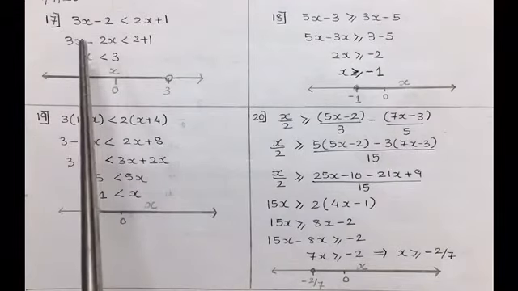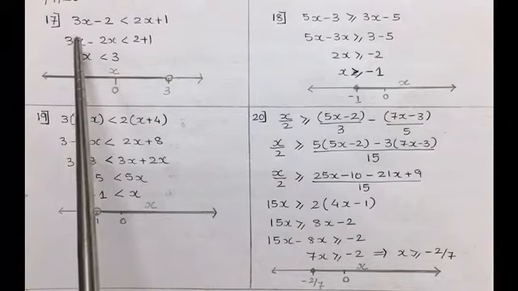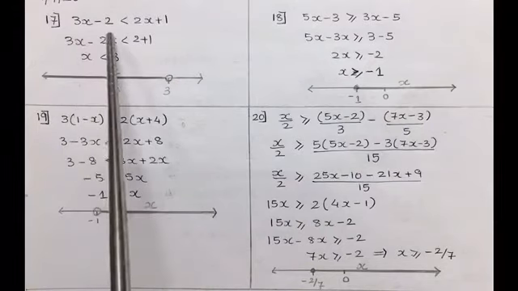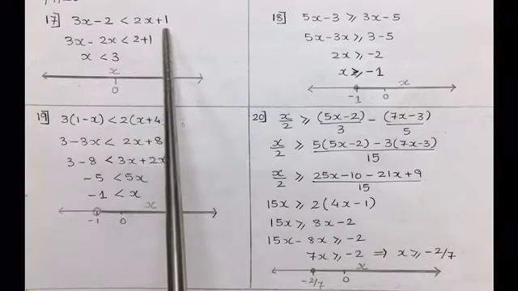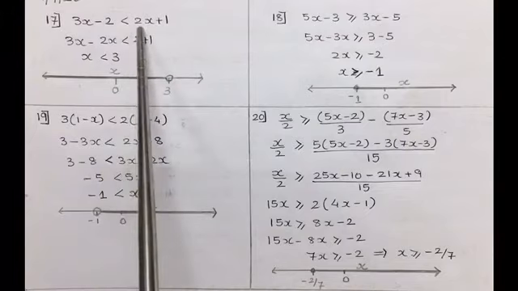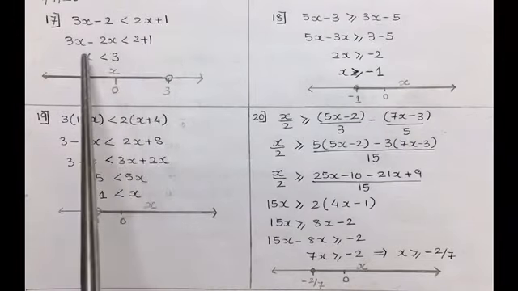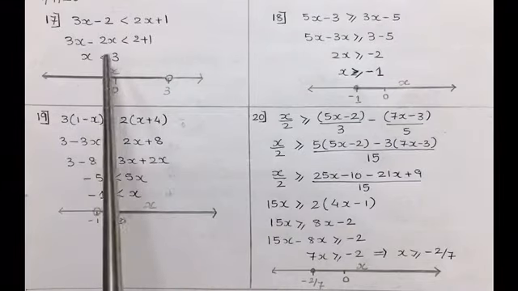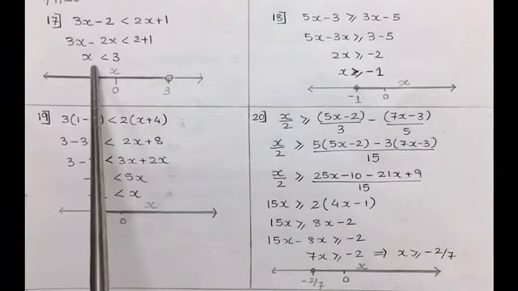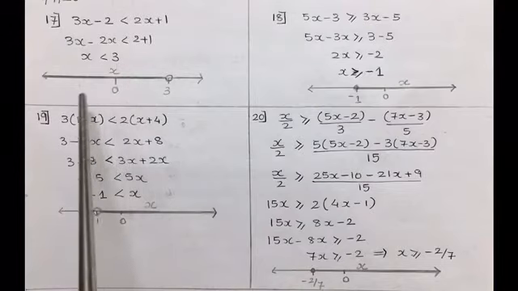Taking up the 17th one, it is given as 3x minus 2 less than 2x plus 1. 2x shifting to the other side, minus 2 the other side, and calculating them, we got x is less than 3.